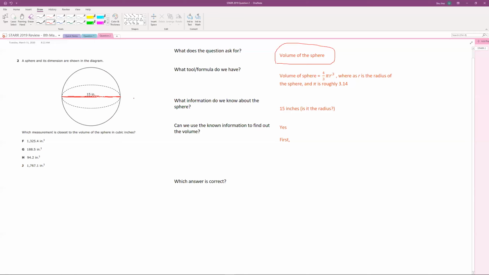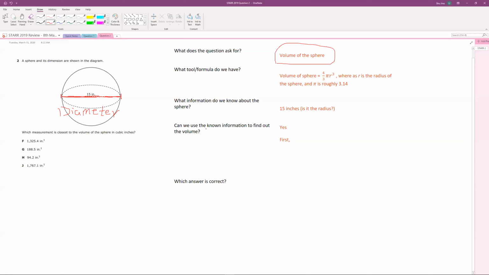Is this the radius? Well, it is not. This is from one side to the other side. This is the diameter. So we don't have the radius. We only know the diameter.